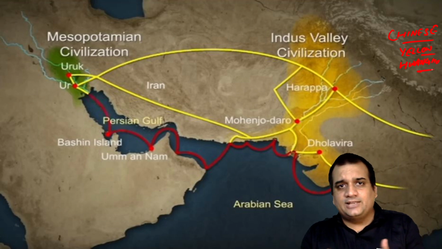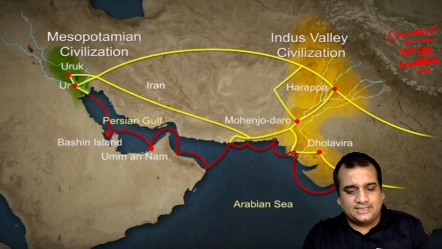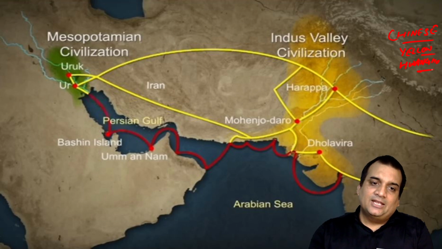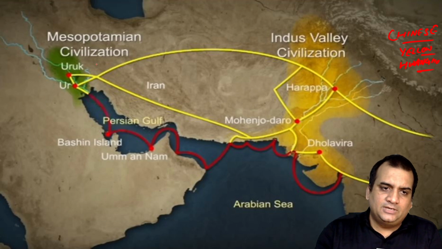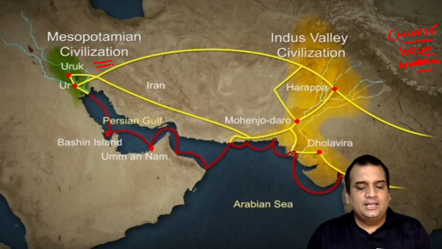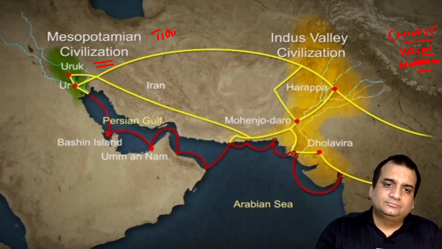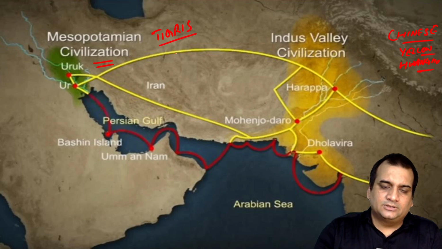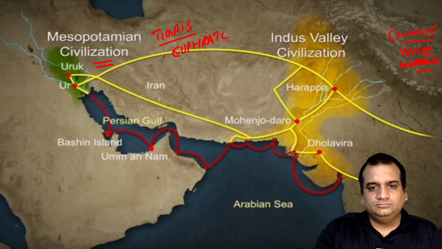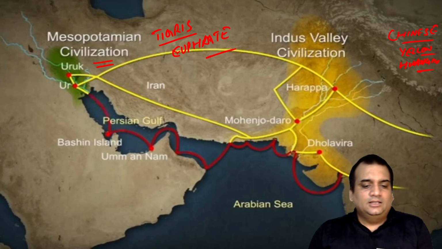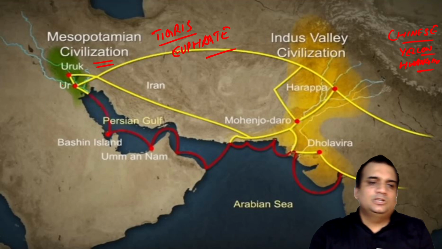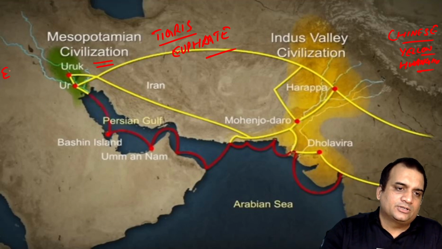For the Indus Valley civilization, obviously, the Indus River was there. Then you have the Mesopotamian civilization that you are seeing here, and the rivers are the Tigris and the Euphrates; you should remember the names. Beside Mesopotamia, you will find the Egyptian civilization and the very famous Nile River.